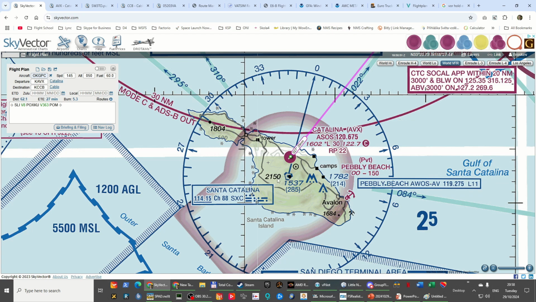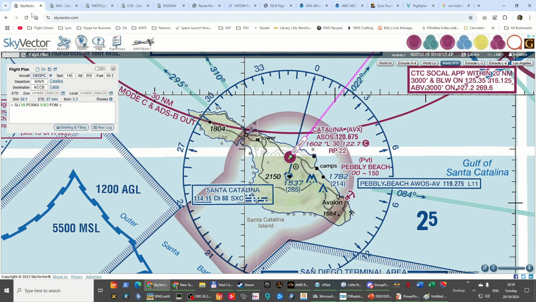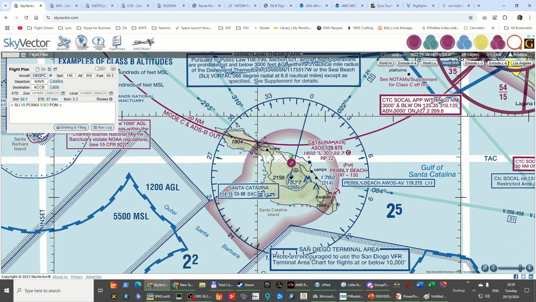The highest elevation on this island is 2150. So basically, to 2300, and was it 2300? Yes. So it's just 700 feet above the ground, and then you can turn wherever you want, because you will be above everything here.